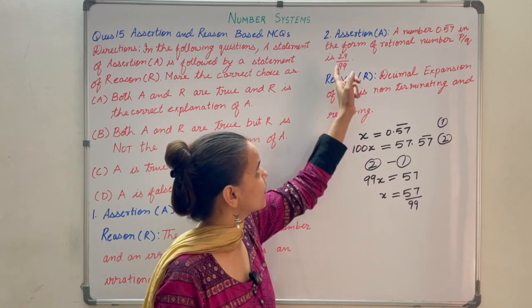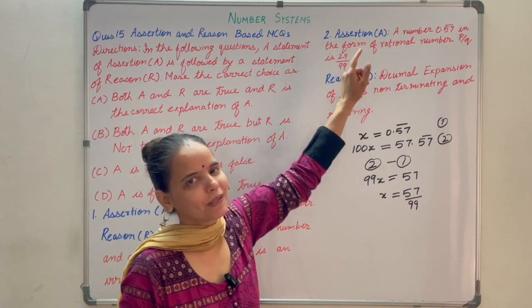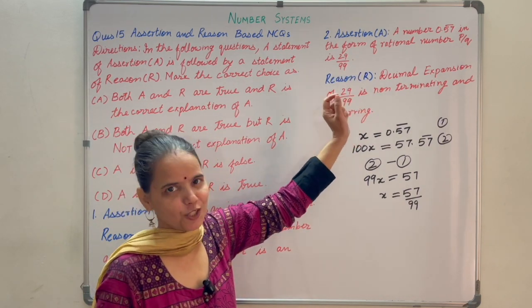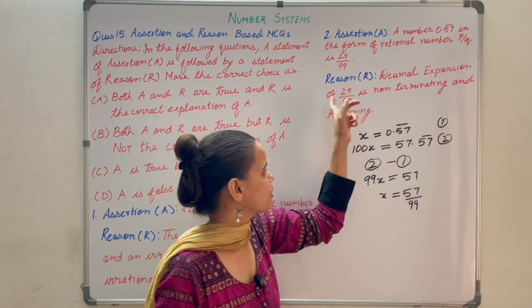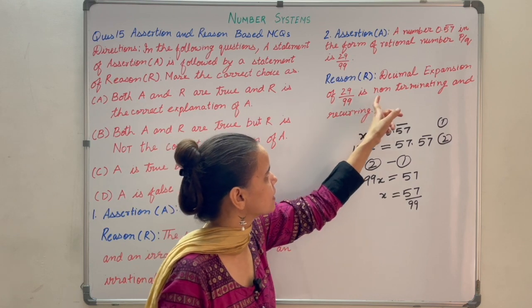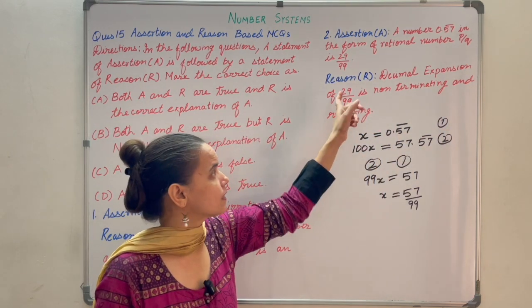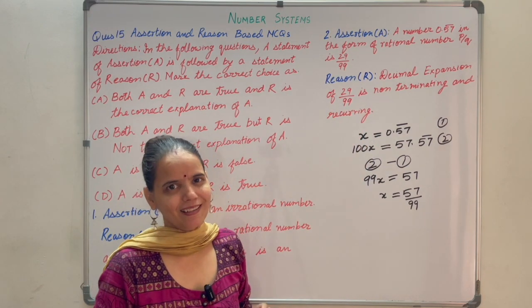And what is given over here? 29 upon 99. So this statement is false. Now let us check for the reason whether it is true or false. So the reason is decimal expansion of 29 upon 99 is non-terminating and recurring. So we have to see whether the decimal expansion of 29 upon 99 is non-terminating and recurring or not.